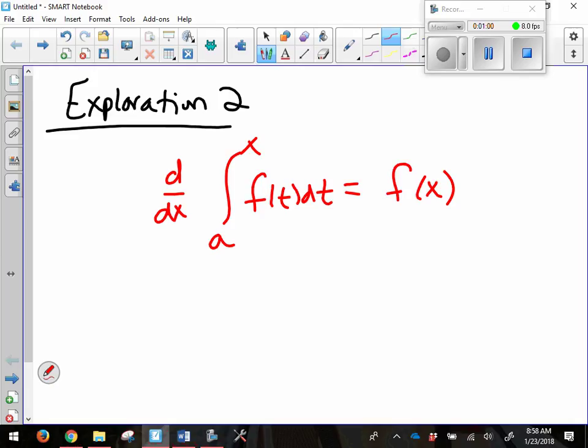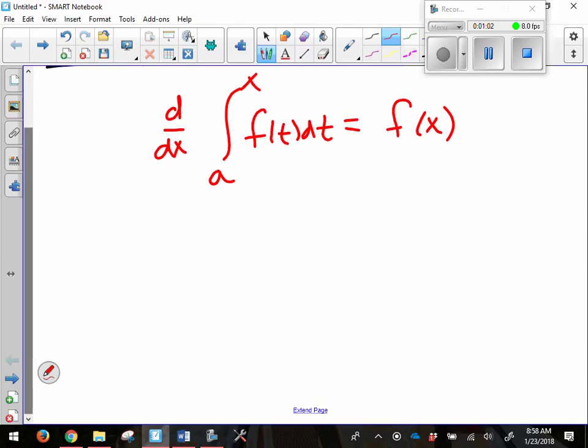That's just the fundamental theorem of calculus part 1. So in part 1 of exploration 2, it says basically to graph d by dx of the integral from 0 to x of x squared dx. So did everybody do that? Why doesn't everybody do it right now?